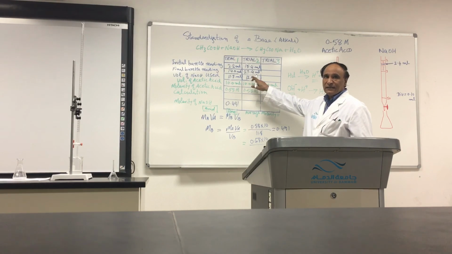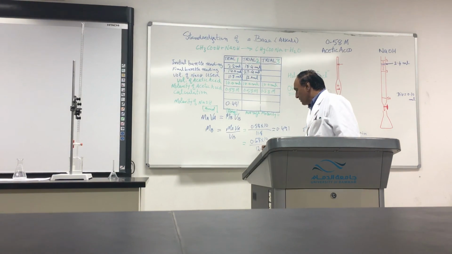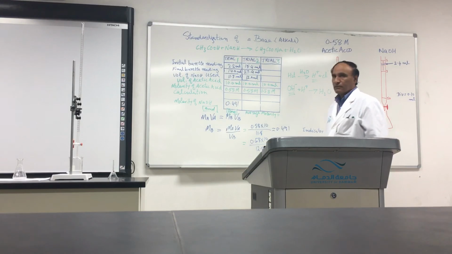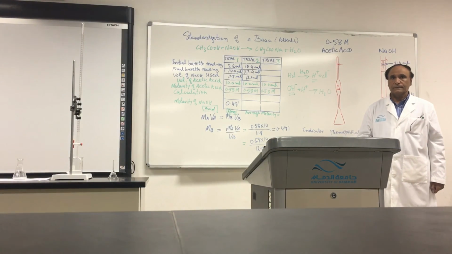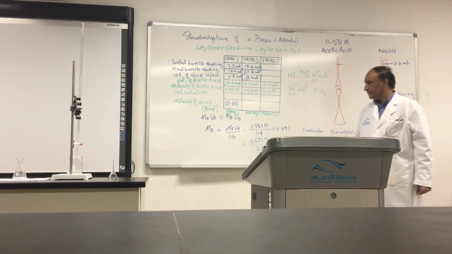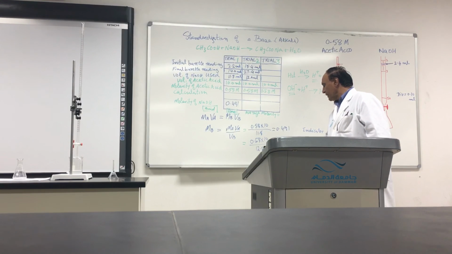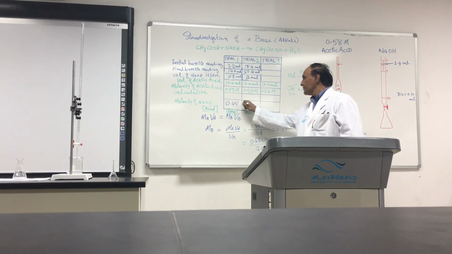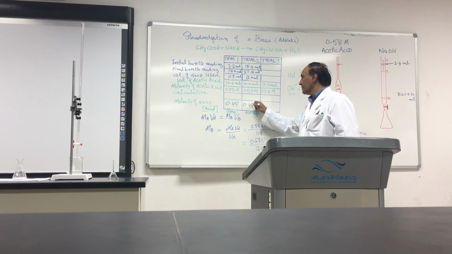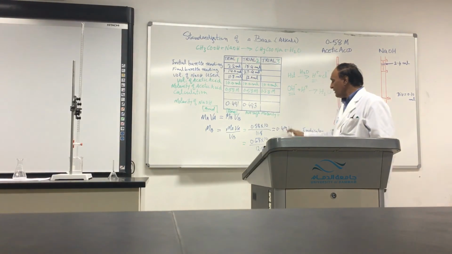In the second time, 0.58 into 10 divided by the second answer, which was 12. So what is the answer now? 0.483. Did you see that one? Take the average of these two.